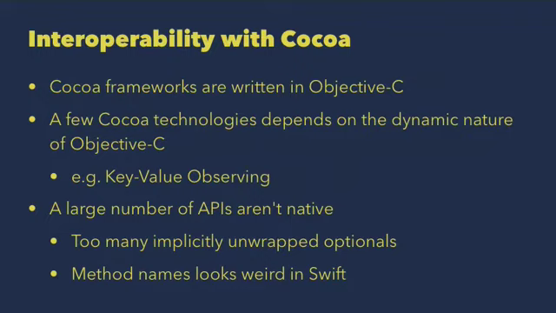There are too many implicitly unwrapped optionals. If you look at the APIs, a lot of question marks for optionals or exclamation marks. And another one is the method names look super weird in Swift for some of the delegate methods.